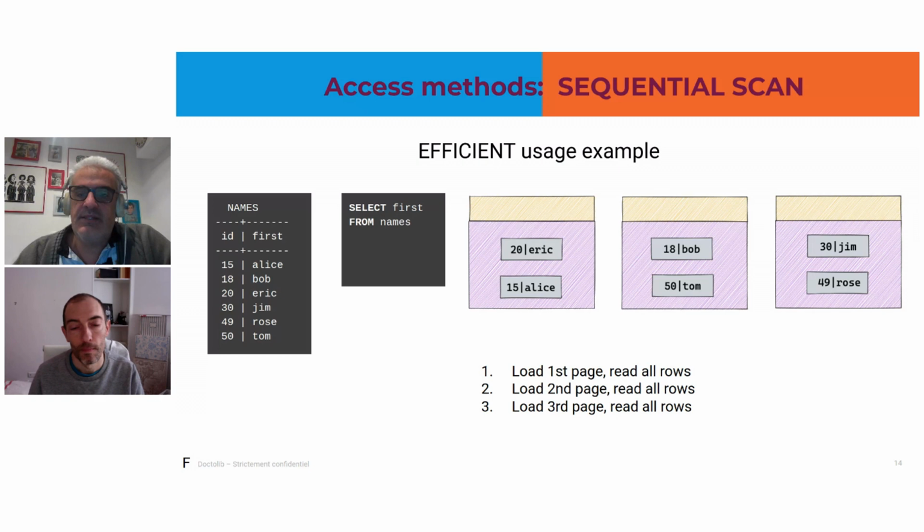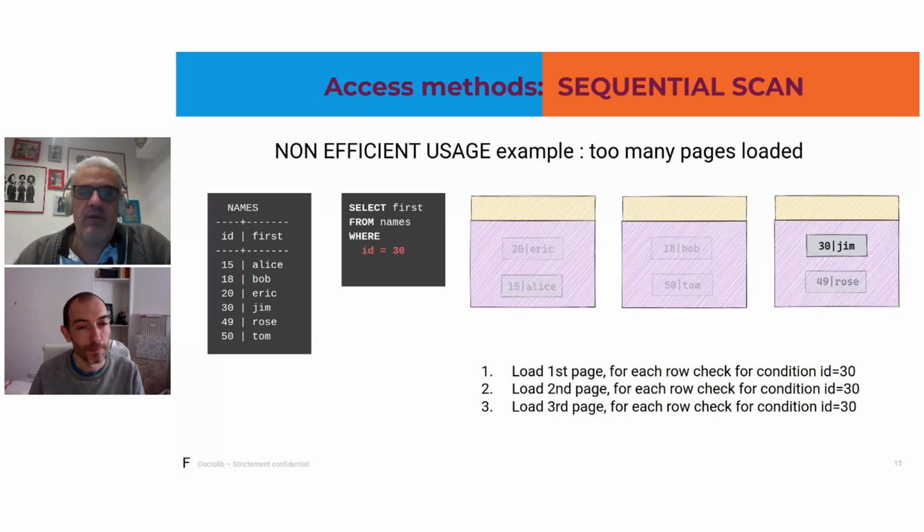In this example, the table has 3 pages, and each page stores 2 rows. Postgres will load the first page and read all the rows inside, then read the second page and all its rows, and then the third page and all its rows. So all the rows are returned to the user. This is very efficient and very fast.